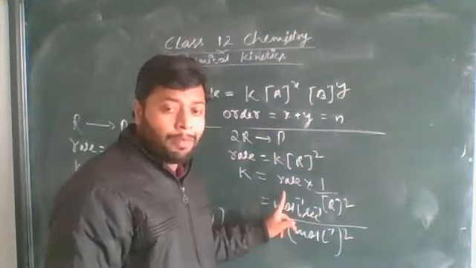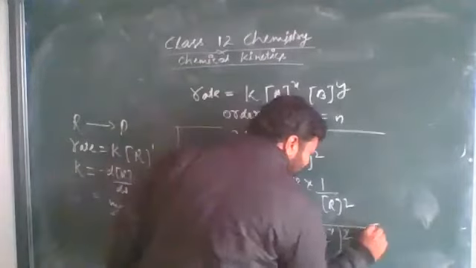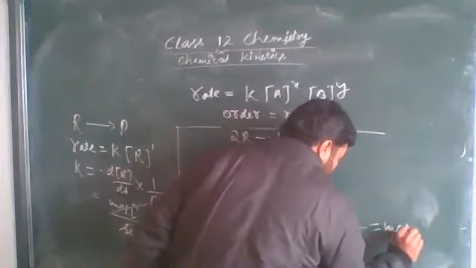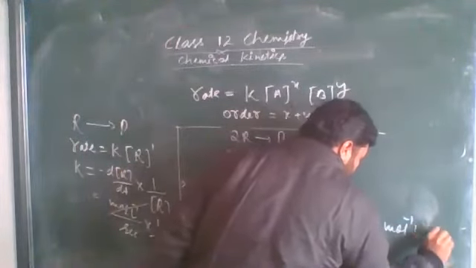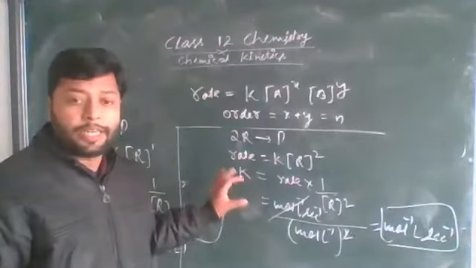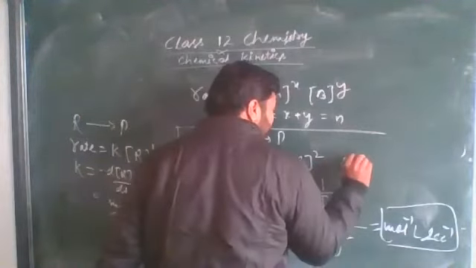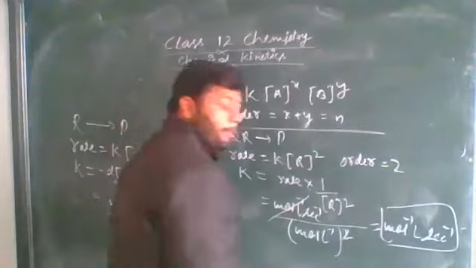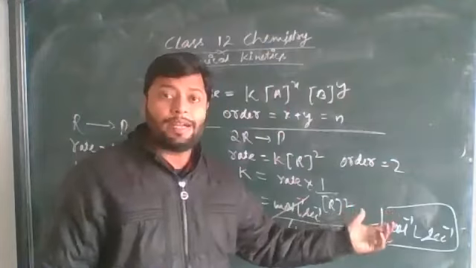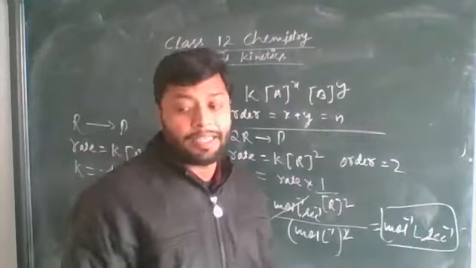So one mole per liter can be cancelled by mole per liter, and this will give you mole inverse liter. So for the second order reaction, the unit of k will be mole inverse liter second inverse. This can be calculated easily from the given rate expression.